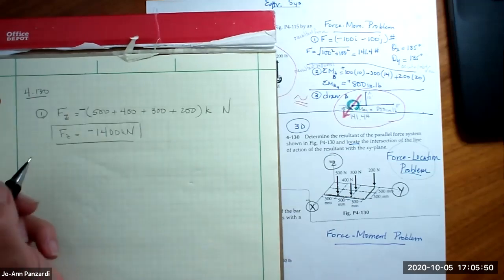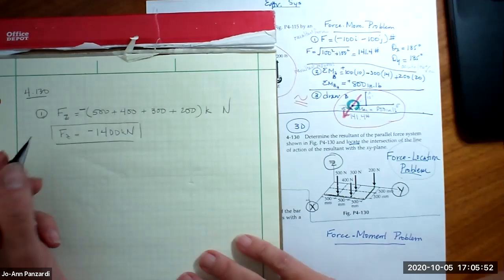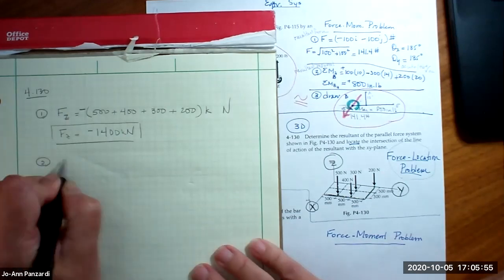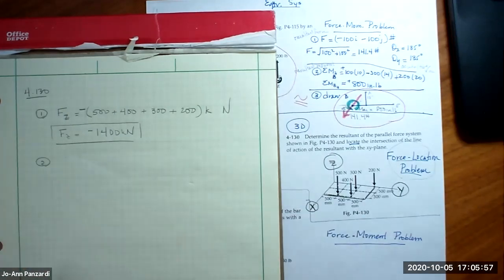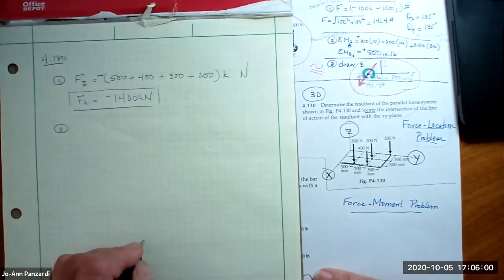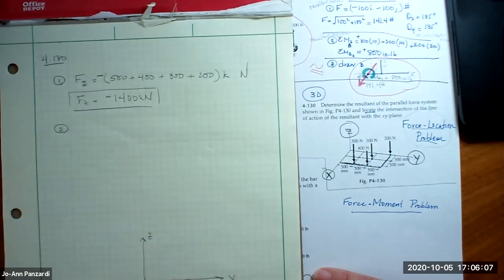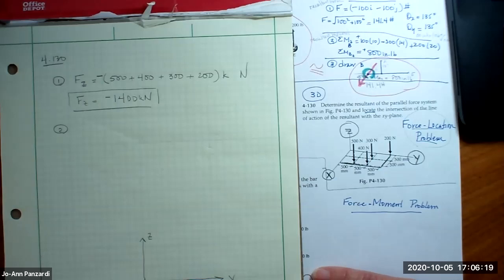So first we find the resultant force. Second, find the resultant moment. Well, let's think. I'm going to do a sketch. Here's my z-axis. Here's my y-axis. Here's my x-axis. And this plate is like this. It is, let's see, 500 millimeters here.